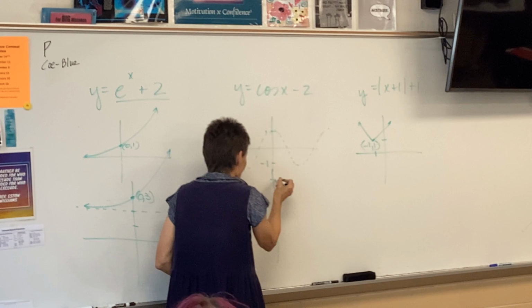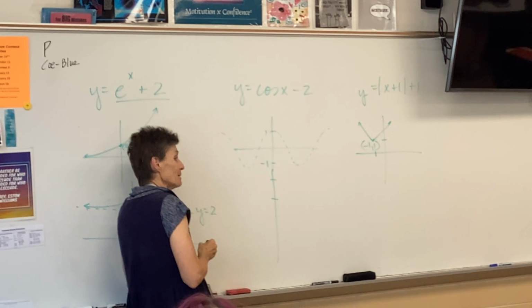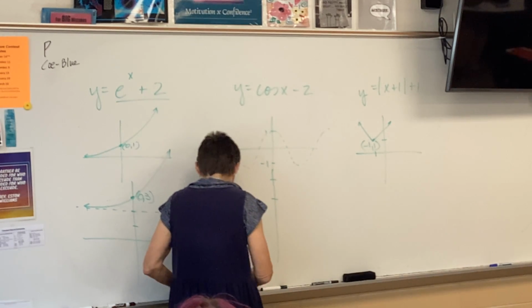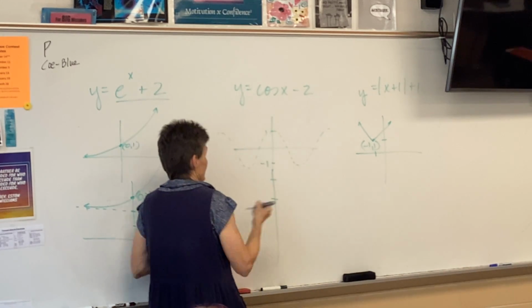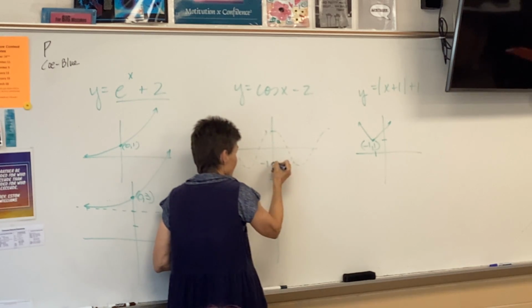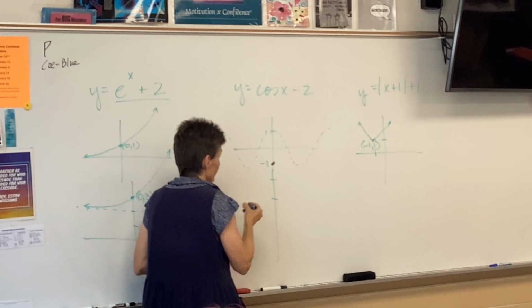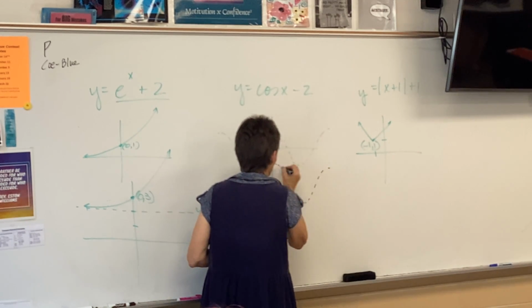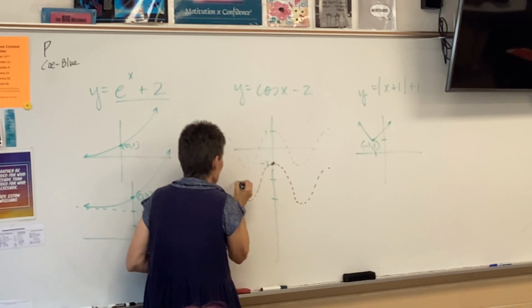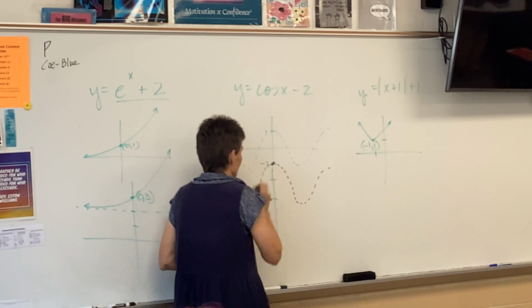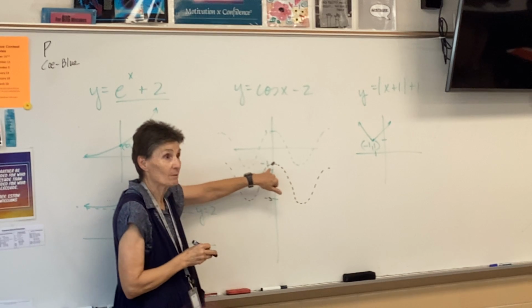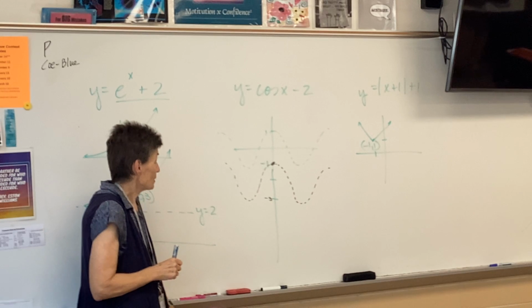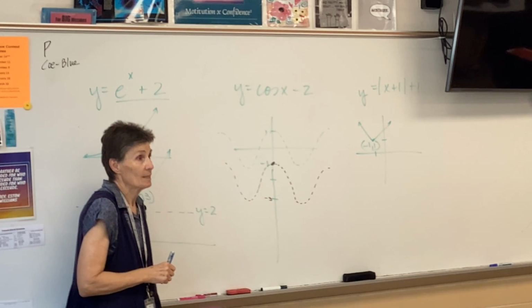All right, so think about that. Everything's coming down 2. So the starting point, which was at 1, is now going to be at -1. And it's going to come down 2. It's going all the way down now to -3, because it used to go down to -1. It's going down 2 more. So the black one is the answer.